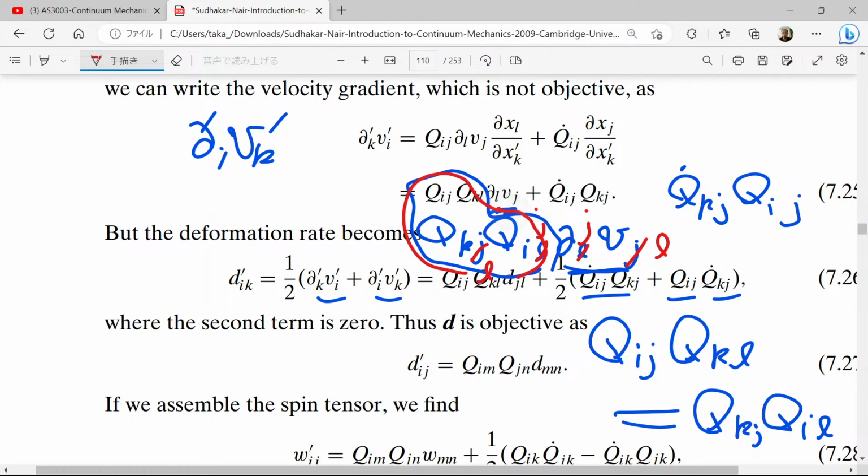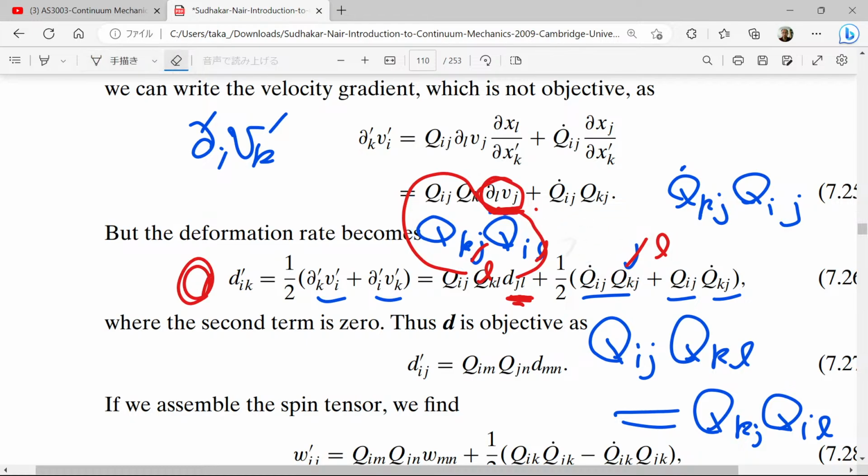So then we have lj, lj, and jl, and this average is d_jl. It's an average, so you have this one where the second term is 0.